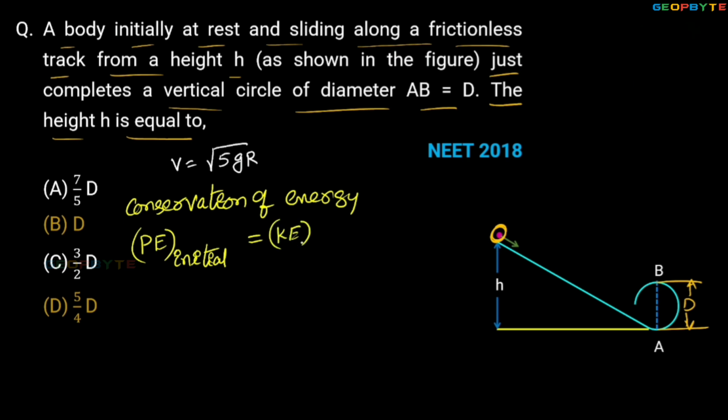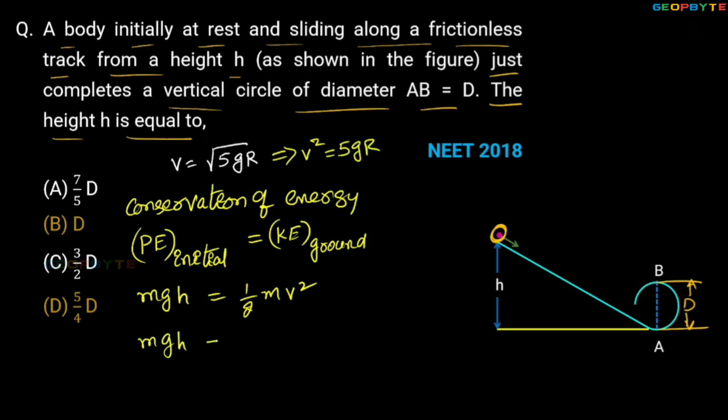Kinetic energy final means at the ground. Potential energy is mgh. mgh equal to half into m into v square. Since v equal to root 5gr, I can write that v square equal to 5gr. Here it is mgh equal to half into m into 5gr.